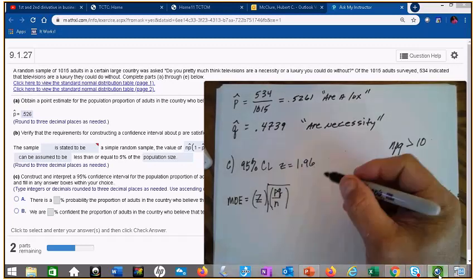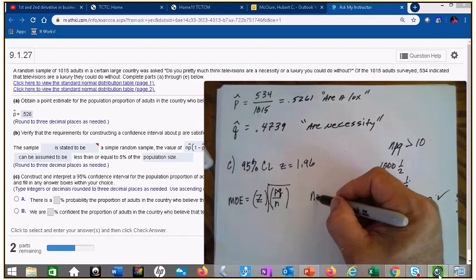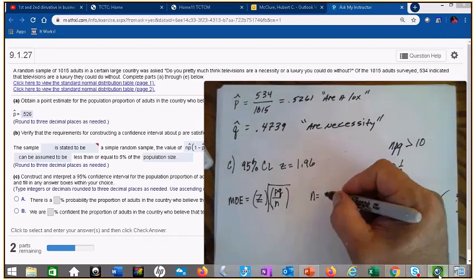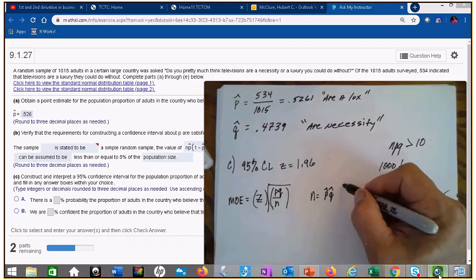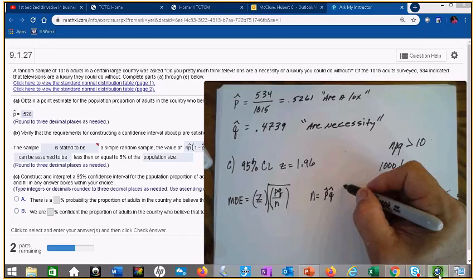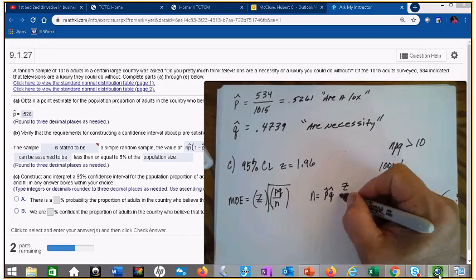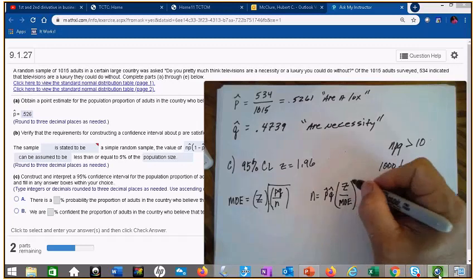Check it. And N is equal to, I think, P hat times Q hat times the Z over the margin of error raised to the second power. Check me on those, please.